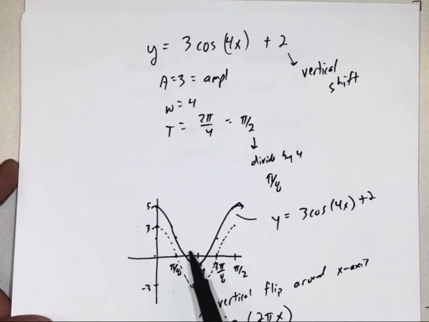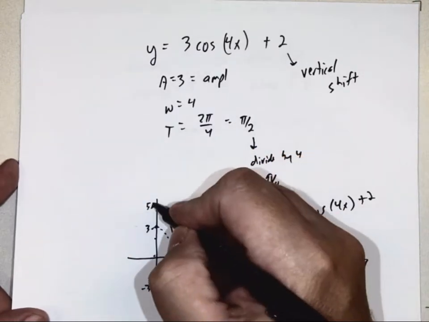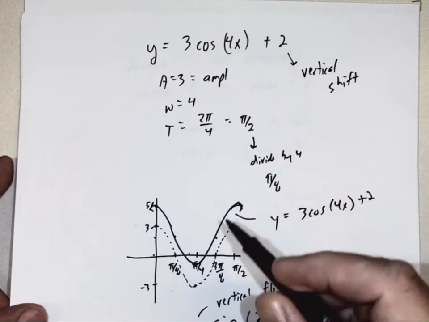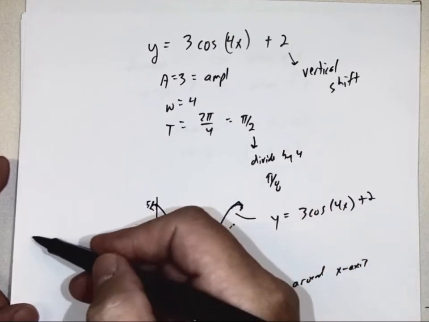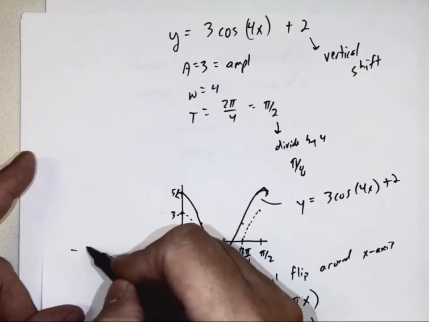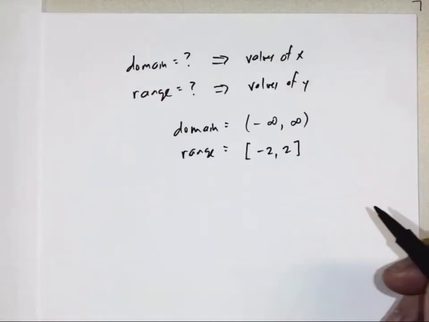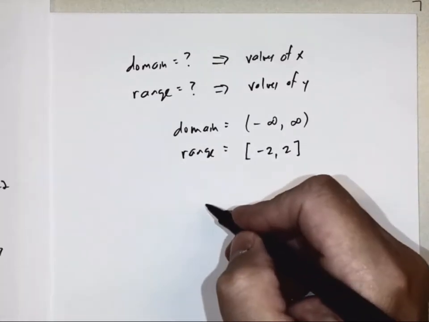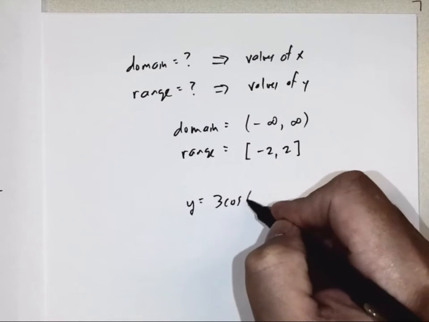Well, first of all, the domain is the values of x. How far to the left does this graph go? Well, it goes on forever, so it goes clear out to minus infinity. How far to the right does it go? Forever as well. So the domain is negative infinity to infinity.